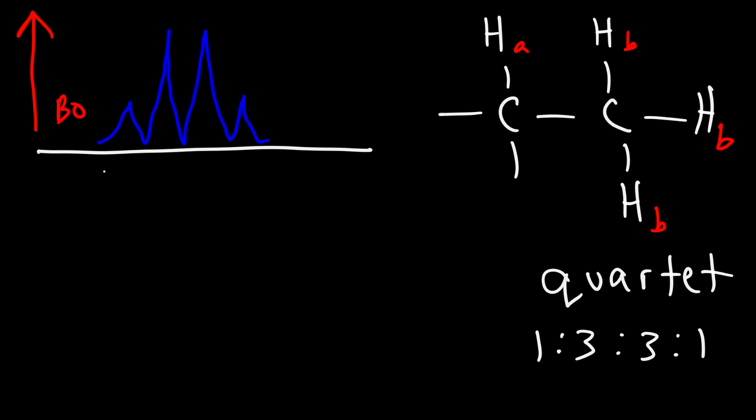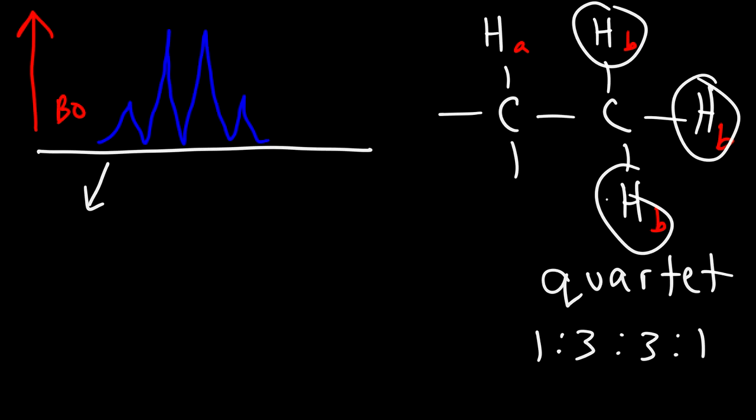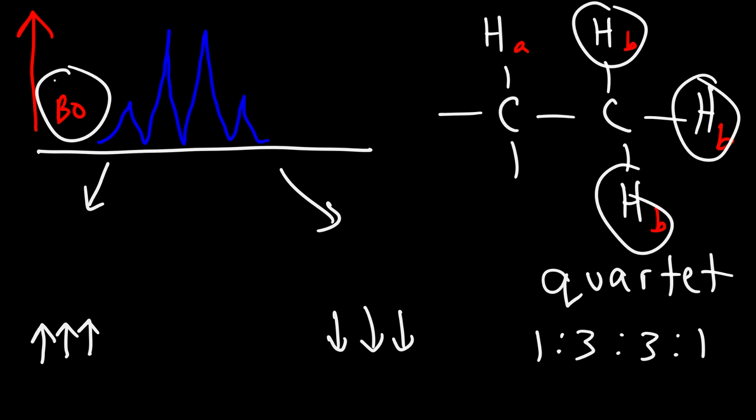So for the first one, all three of these protons will be aligned with the magnetic field. I'm going to draw it here. For the last one, where it's upfield, all three protons can have the magnetic field against the external magnetic field.